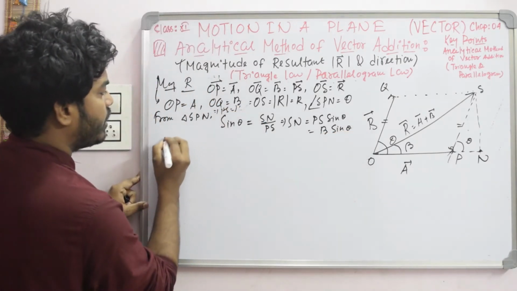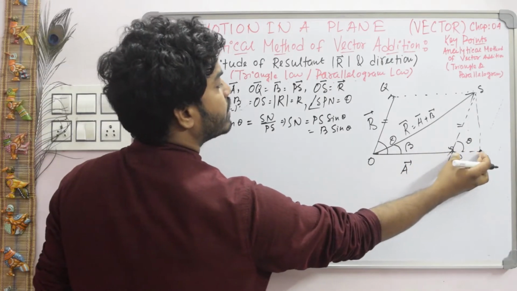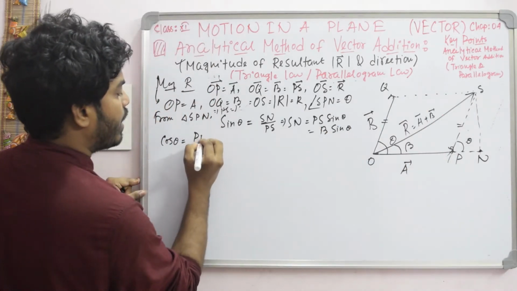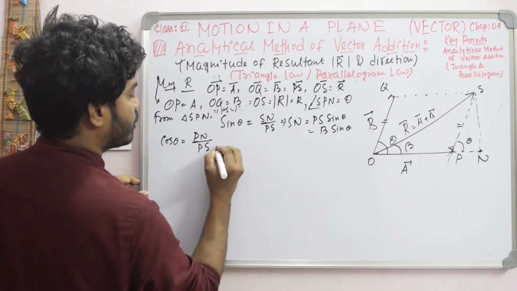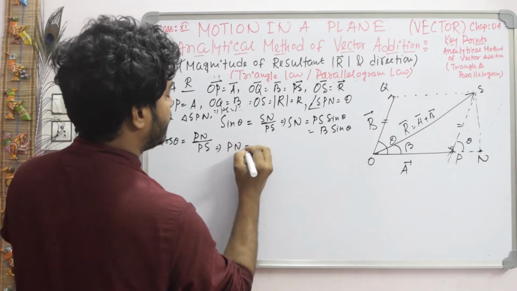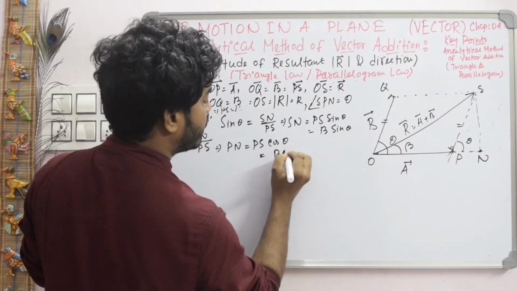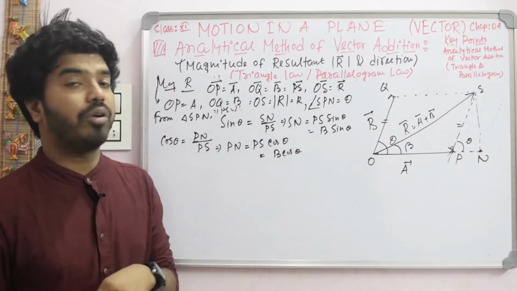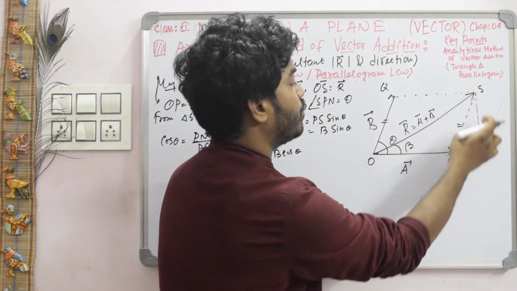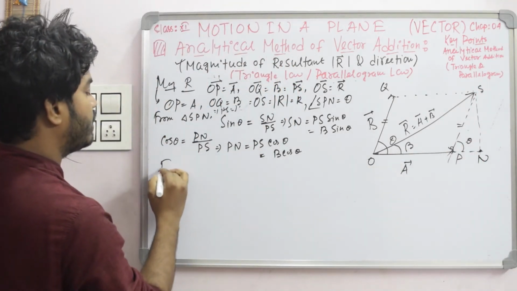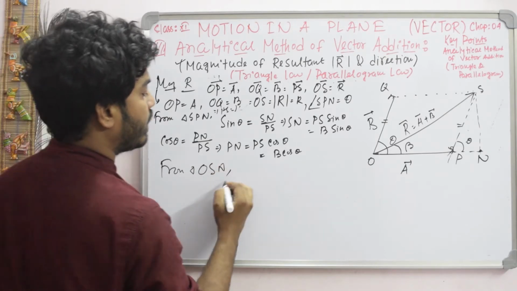Now, same condition, find the value of cos theta from this triangle, base by hypotenuse, that is PN divided by PS. So from here PN is equal to PS cos theta, that is B cos theta. Now use the Pythagoras theorem from this right angle triangle OSN.